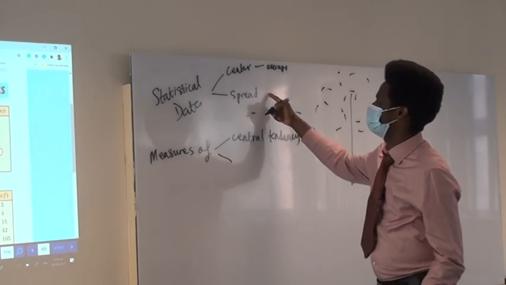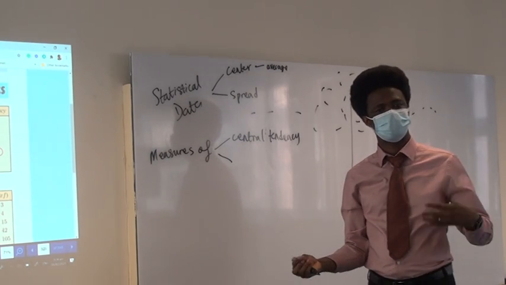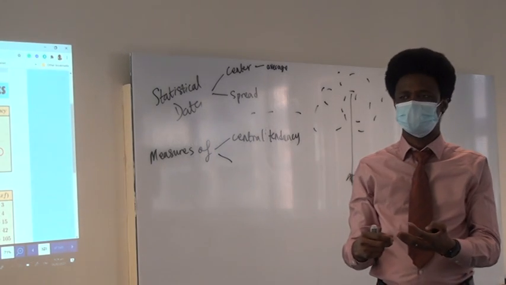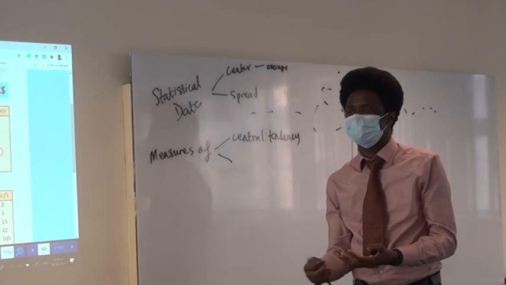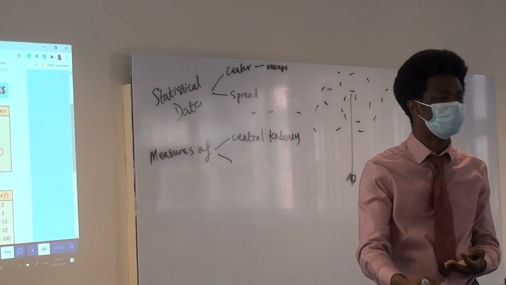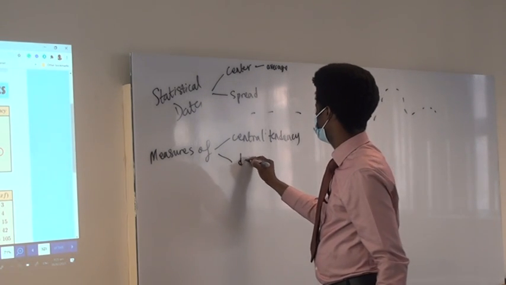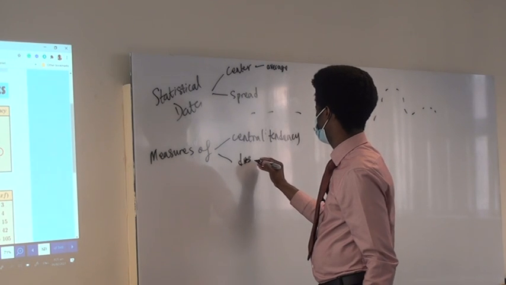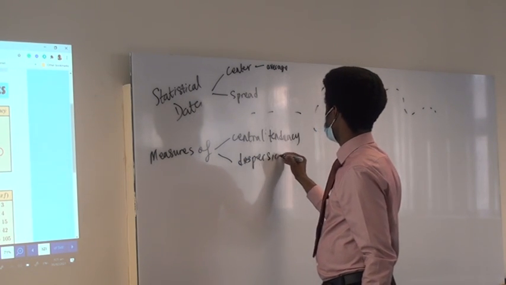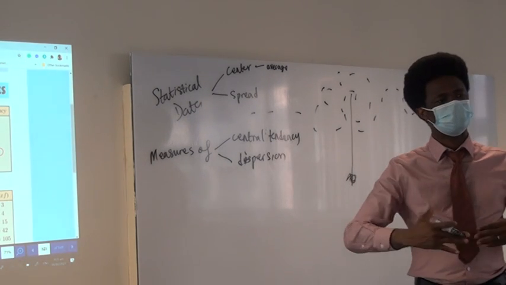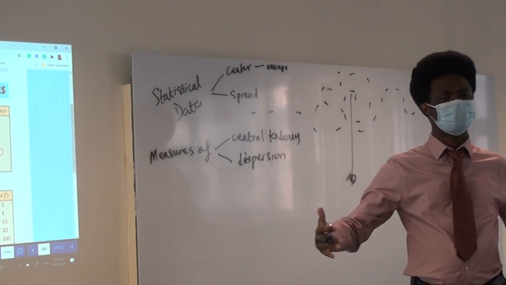The other one, what tells you how it's spread, then you're talking about the range. The range tells you that, right? You talk about the standard deviation, the variance, the interquartile range, and so on and so forth. These are measures of dispersion. This tells you how it's spread, how it varies.